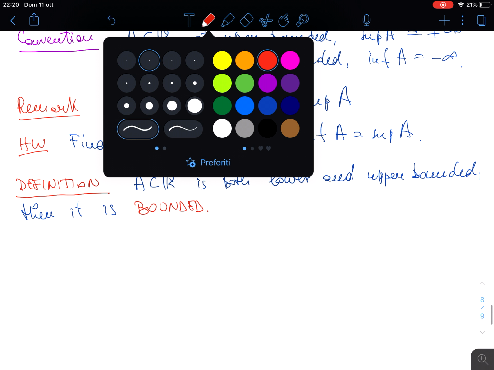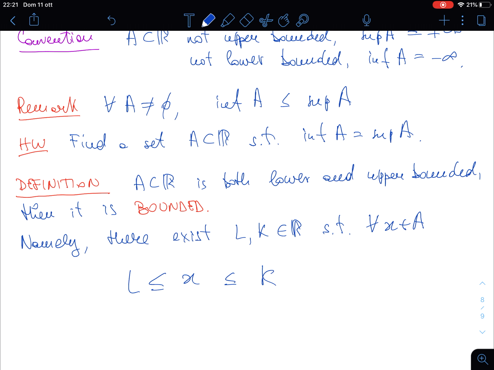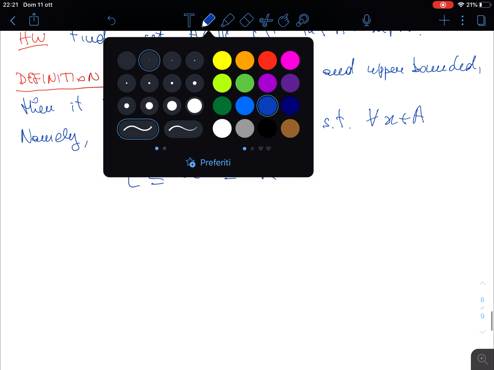Namely, it means that there exist L and K, real numbers, such that for every x in A, x lies between L and K.